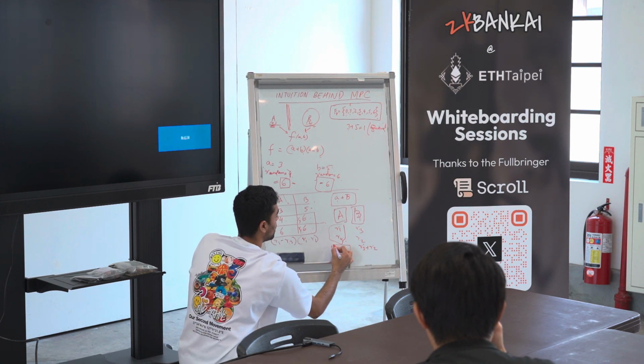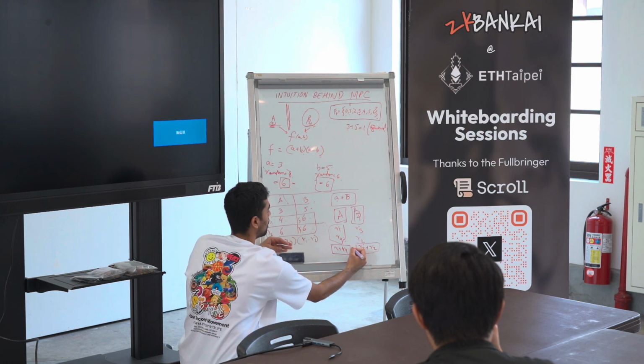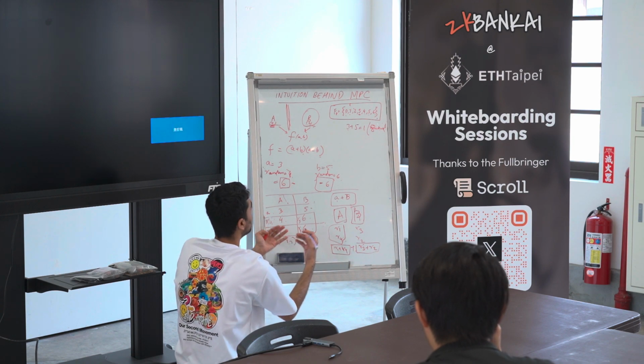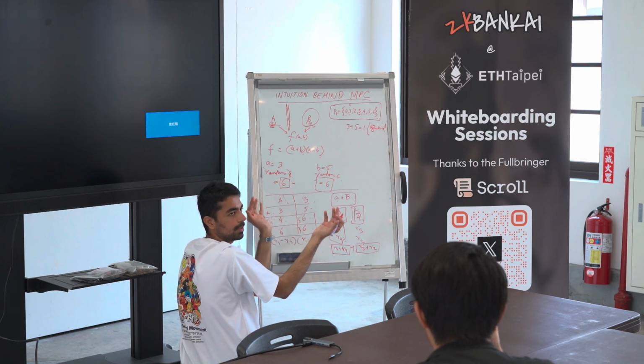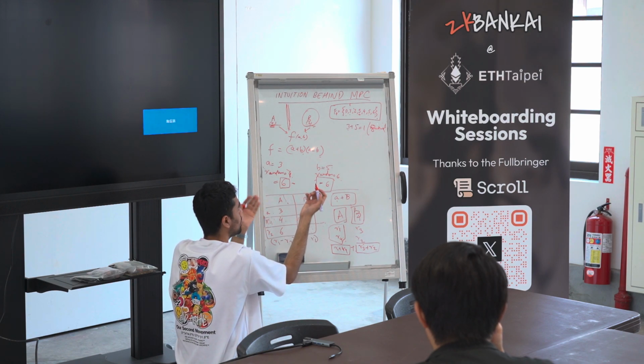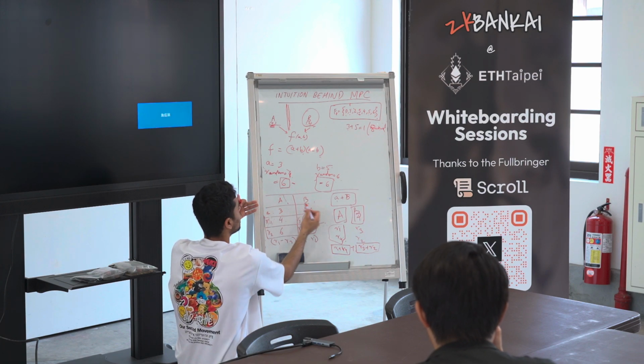Once this value is computed, they share it with the other party, and finally this result preserves additive homomorphism. So the result is the same as what the original computation of A plus B would have been.